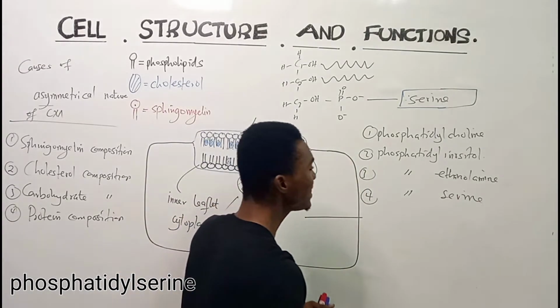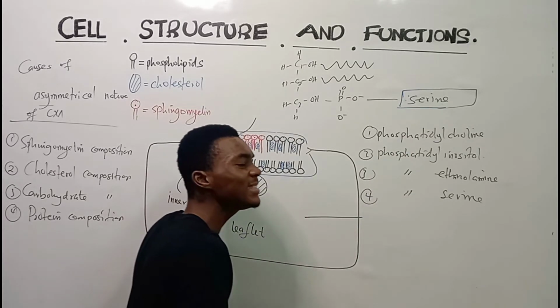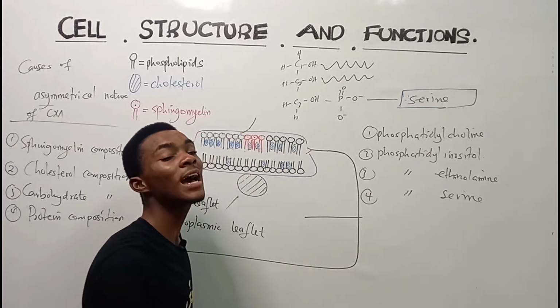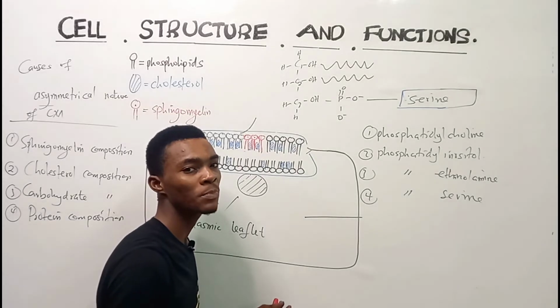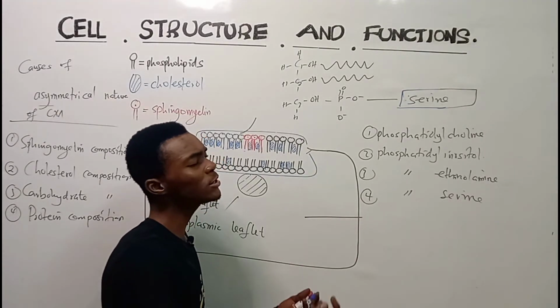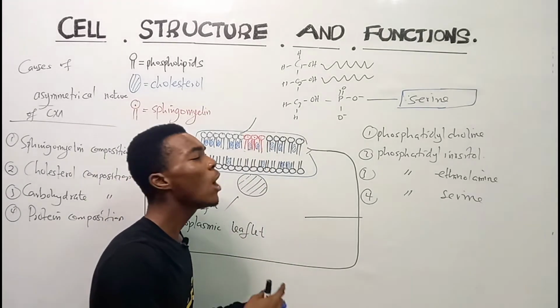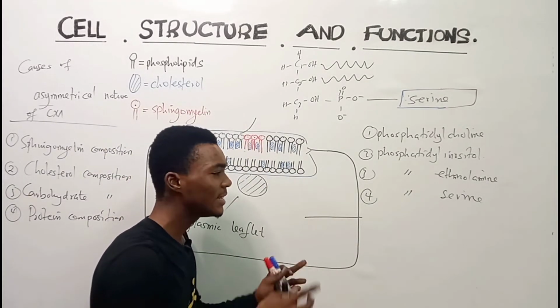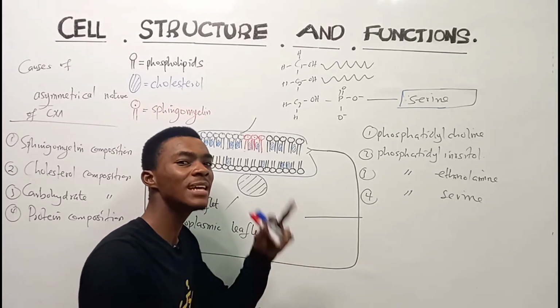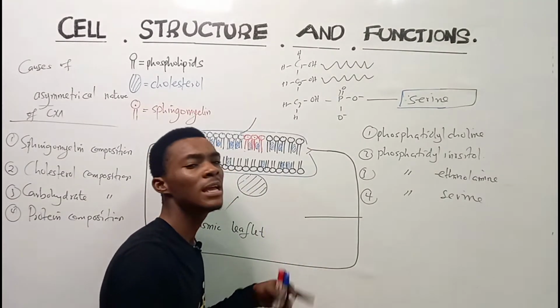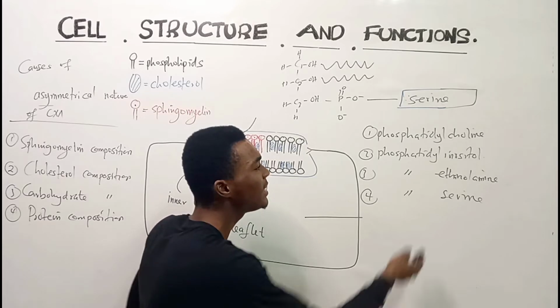So guys, these are the 4 main types of phospholipids that can be found in the cell membrane structure. But remember, because sphingomyelin, a type of sphingolipid, also happens to have a phosphate ion in its structure, as said in the previous lecture, it is mostly included in the types of phospholipids.